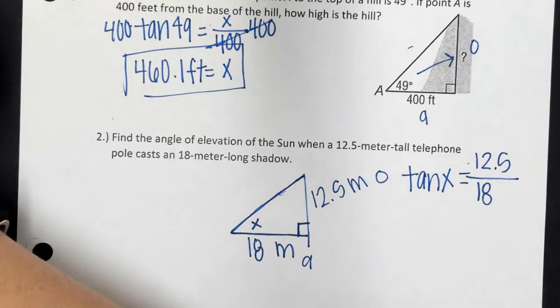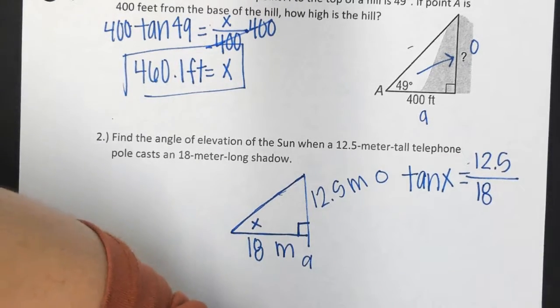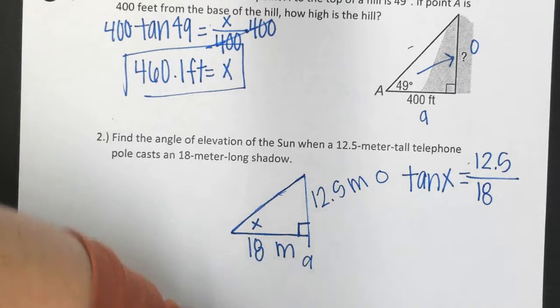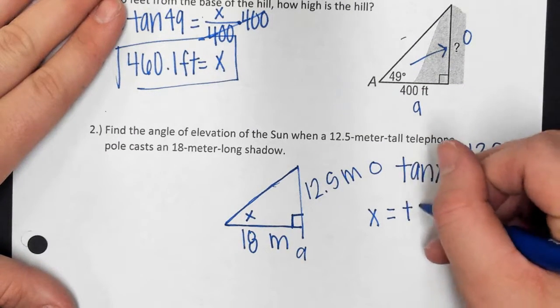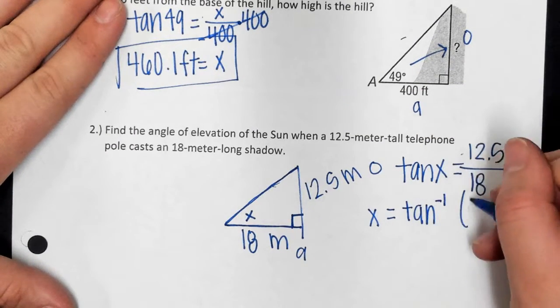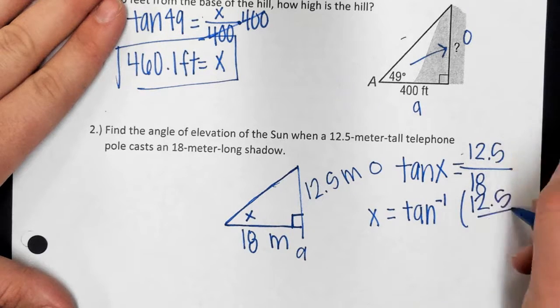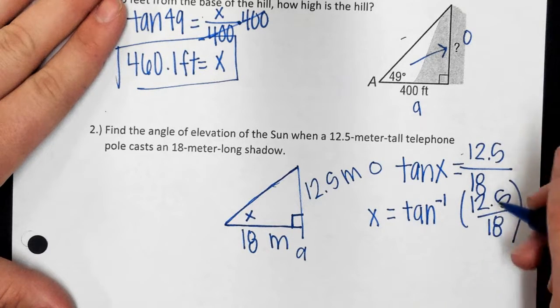Now remember, whenever you have to break a trig function in x, what happens to your trig function? Inverse. So if I'm solving for x, tangent becomes inverse, and we solve for 12.5 over 18.